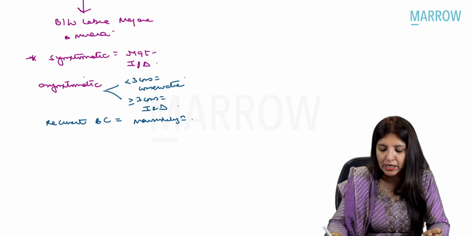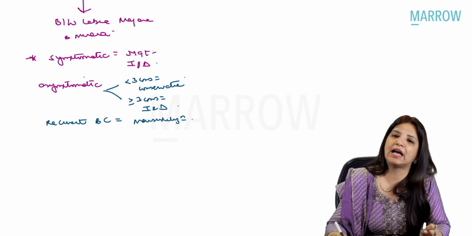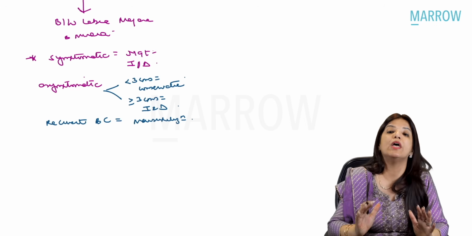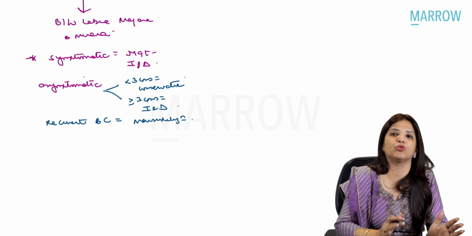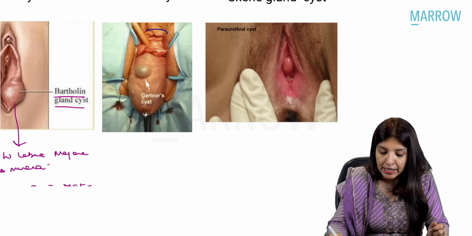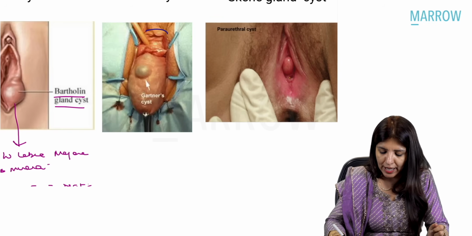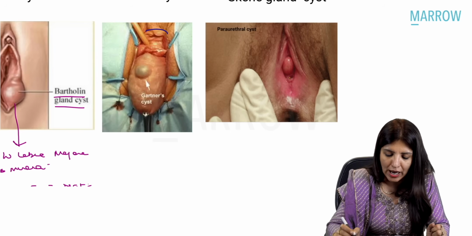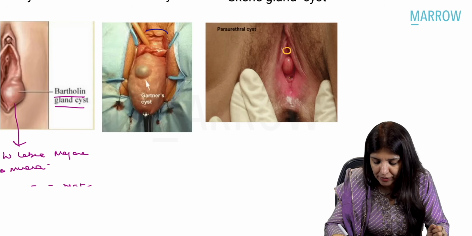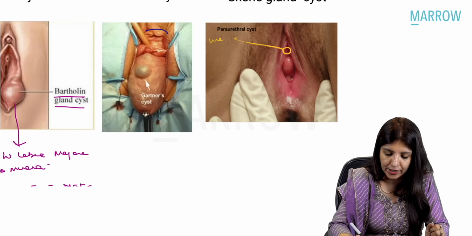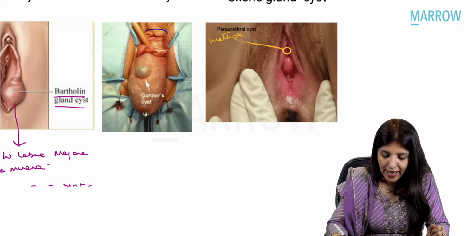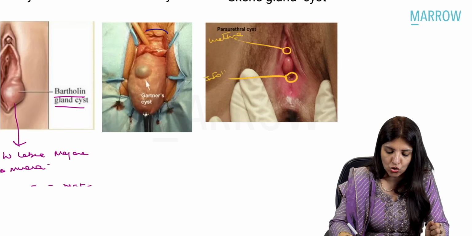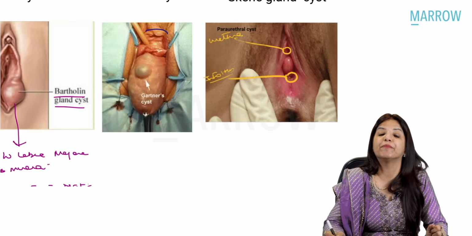Right? Please remember, another name for Bartholin glands is greater vestibular glands, and Bartholin glands are homologous to Cowper's gland or bulbourethral gland in males. Now, I want all of you to look at this particular cyst over here. First of all, identify this structure over here. This structure over here is the urethra, right? And this opening over here is the opening of the vagina, which is called the introitus, right?